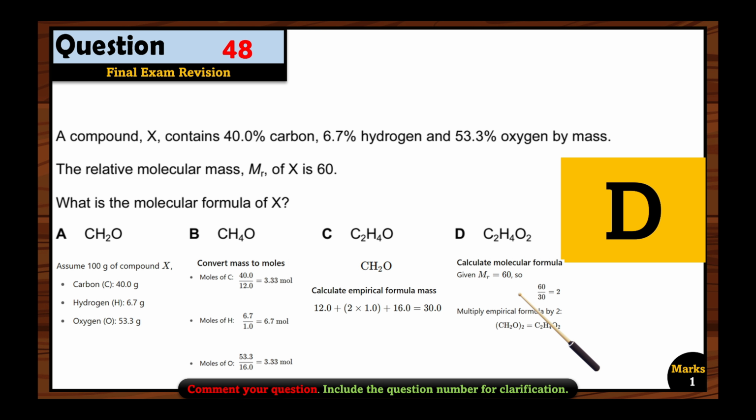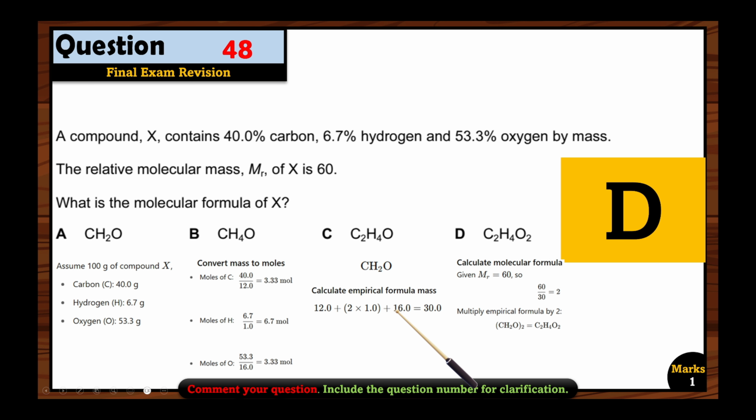I hope it's clear to you that whenever they ask you about the empirical formula, you just have to stop after finding the number of moles and converting into the whole number, right? But if they ask you about the molecular formula, you first have to find the empirical formula. After that, you have to do 2 more steps. First, find the mass of the empirical formula.